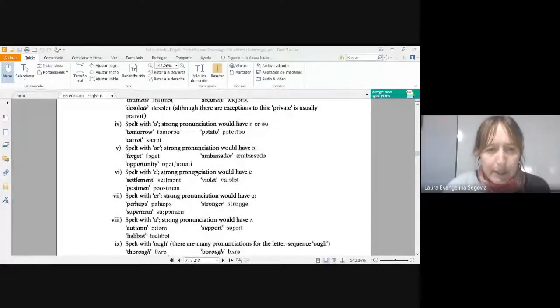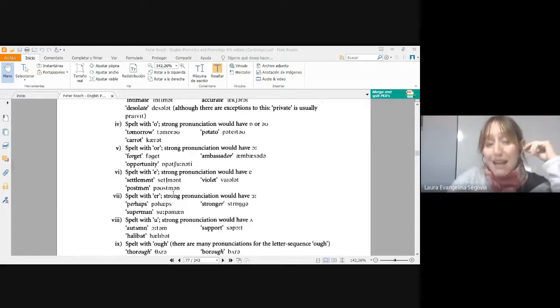So, for example, spelled with E, in which the strong syllable would be E. So we say, for example, settlement, not settlement with a strong last syllable. Violet. Postman.